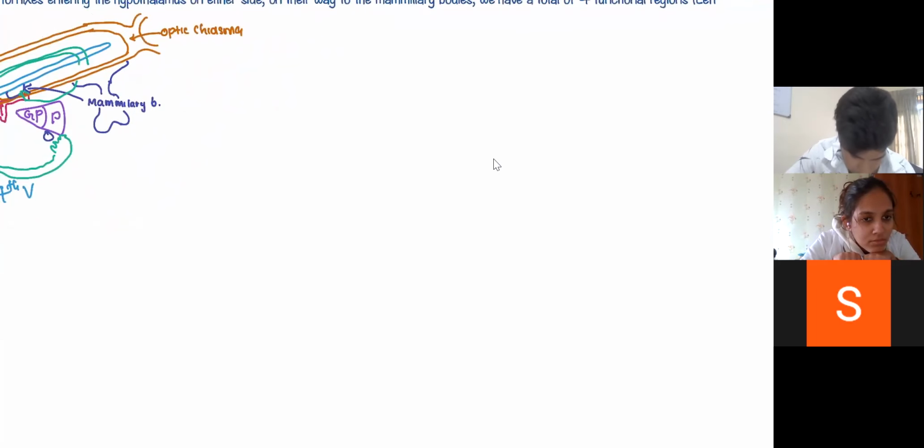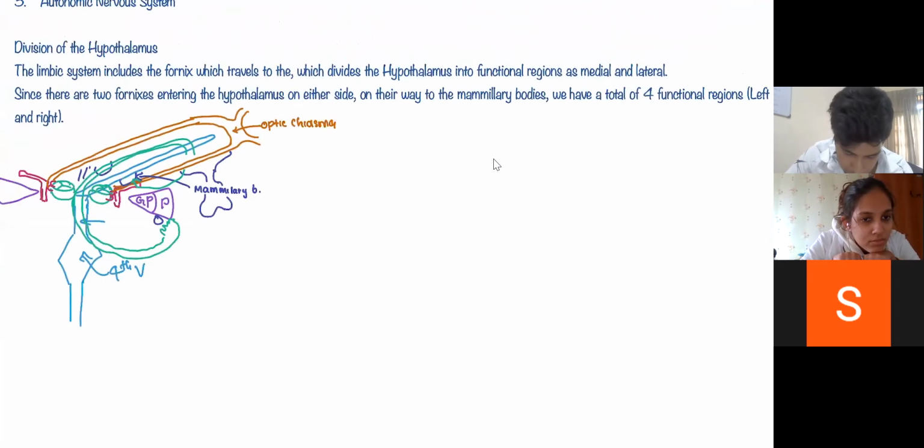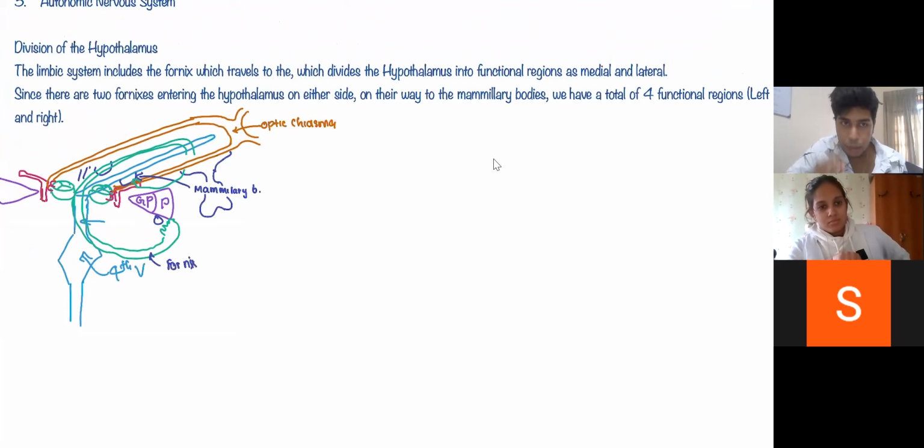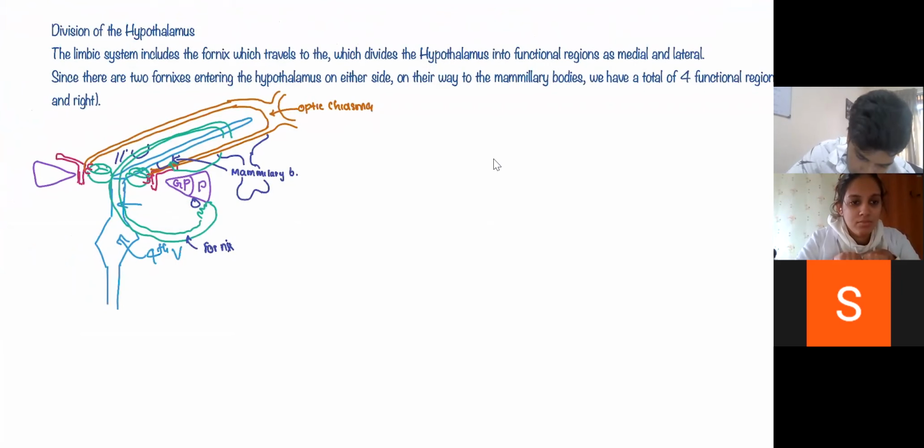Now I'm going to draw it again in more detail, because this structure, which is called the fornix, is what divides the hypothalamus into functional areas. I hope you realize that the fornix is on both sides.